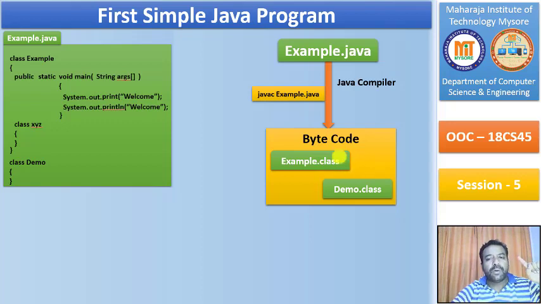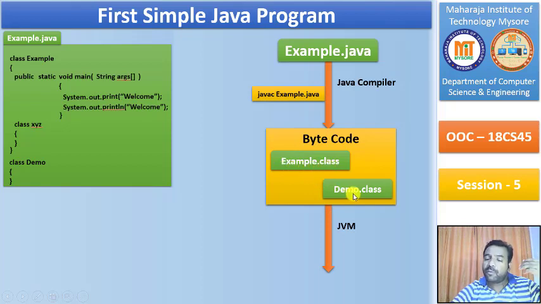Now when I give it for execution with the JVM, the JVM should start execution from the main function, and the main function is in the example class. Hence which file should be taken up for execution? Yes, it is example.class.